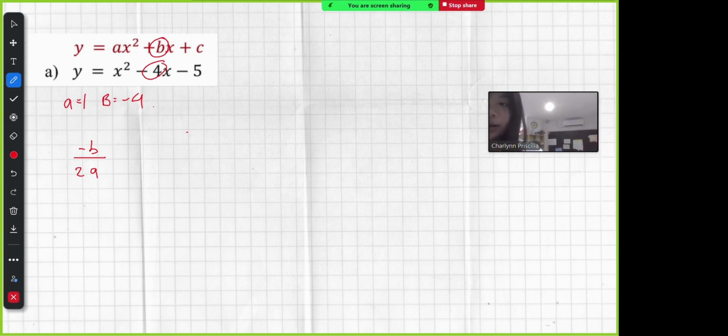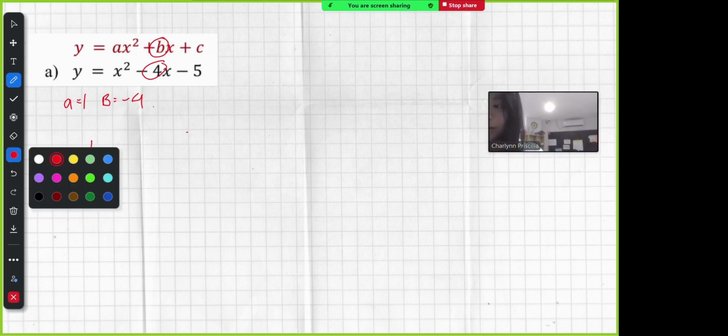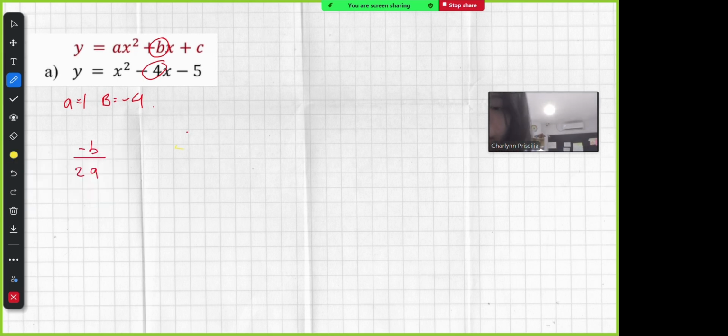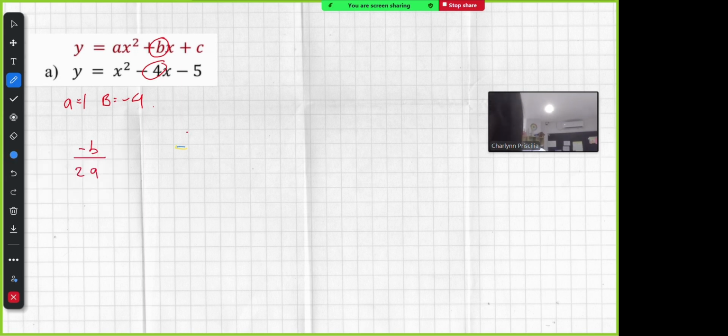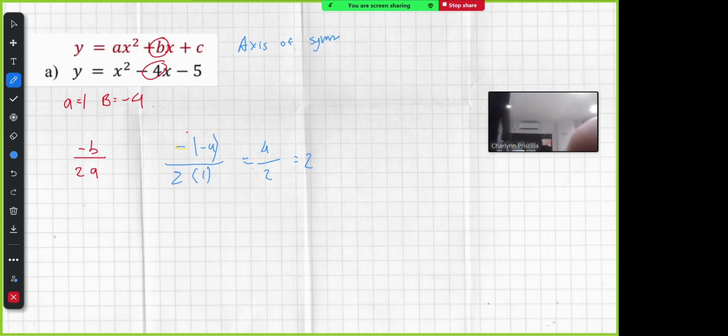Here, b is negative 4, so we will do it right here: negative negative 4 over 2, and the a here is 1, so bracket 1. This leads to 4 over 2, and the final answer will be 2. So I'm going to write here: axis of symmetry equals 2.